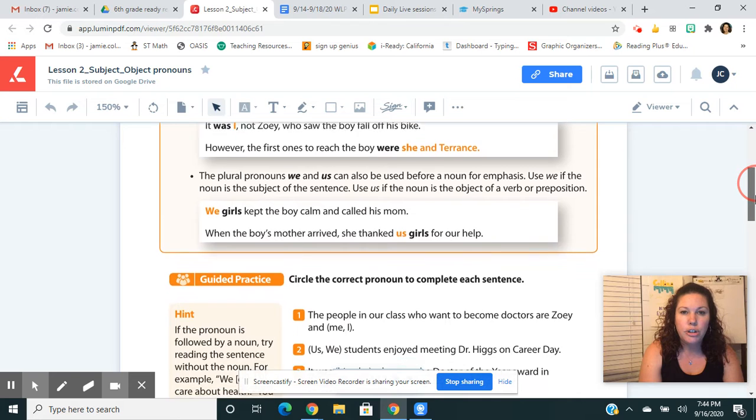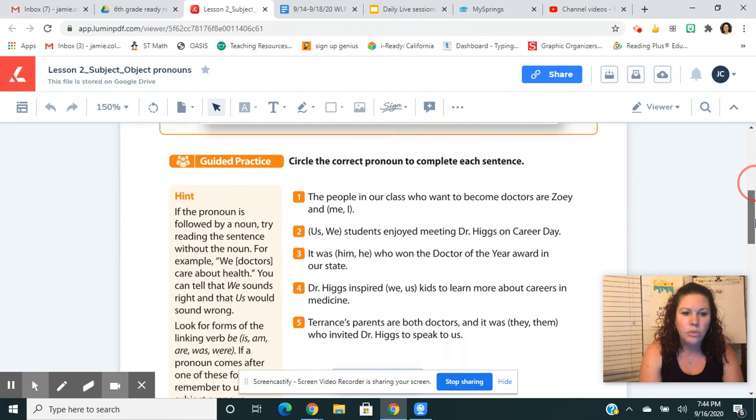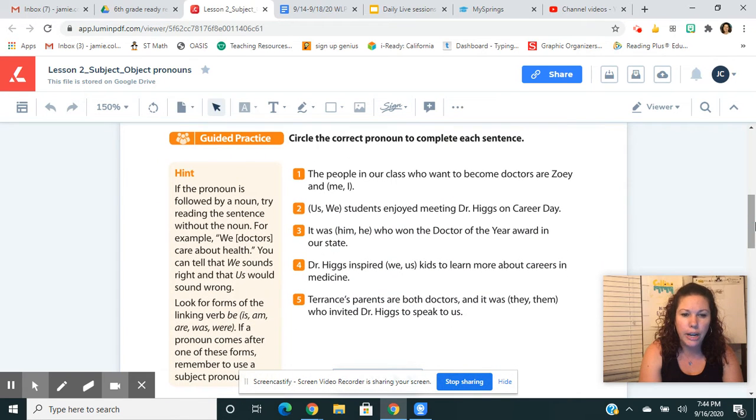So now we're going to try some of these out. It says circle the correct pronoun to complete each sentence. So we're going to see what not only sounds right, but what is the correct one. Let's look at the first sentence.